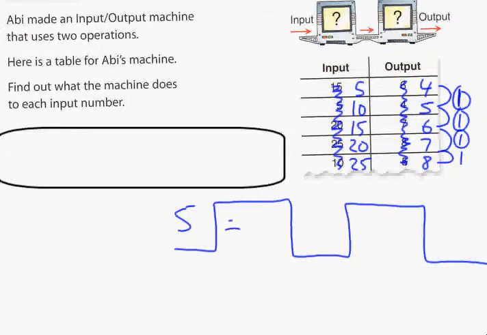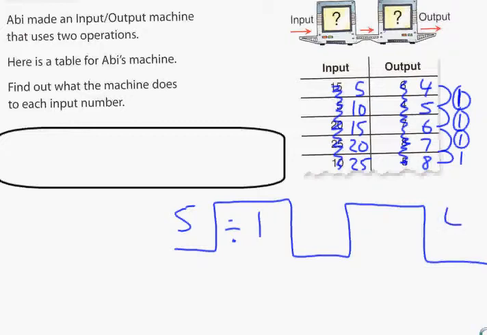So if I start with a 5, I'm going to try a divide. Since 5 is not an even number, I can't divide by 2, and I can't divide by 3, and I can't divide by 4. I could divide by 1, but I don't know if that would help us. I could try it. If I divide by 1, and remember, I'm supposed to get to an output of 4.